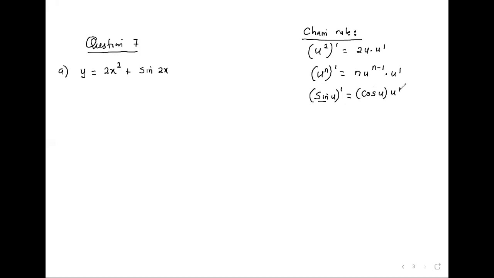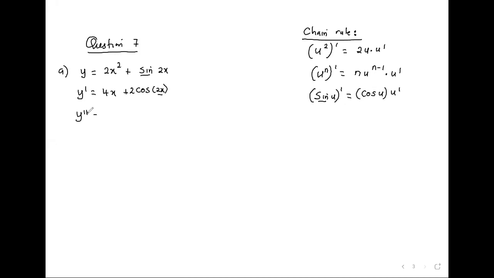That was just a quick reminder so that when we come here for the first derivative, using power rule for 2x squared, we'll have 4x plus the derivative of sine is cosine. We fix the 2x. Derivative of 2x is 2. So this forms our first derivative.